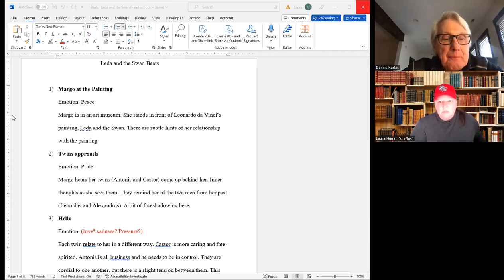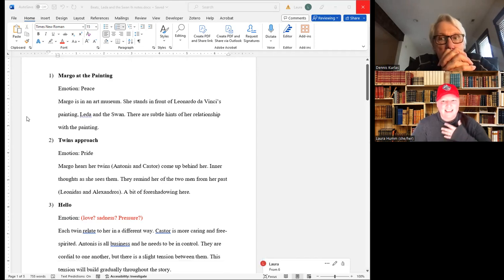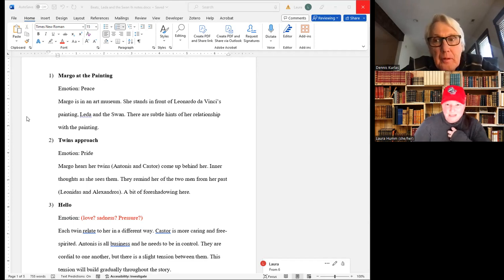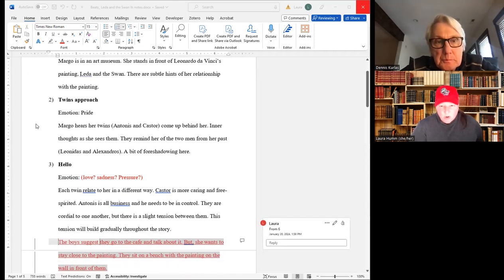But it felt to me like Margot being by herself in this art museum, where she's looking at the connection that she made with this painting, even though we don't really know what it means to her, she's at this emotional sense of peace. Then she sees the twins approaching.